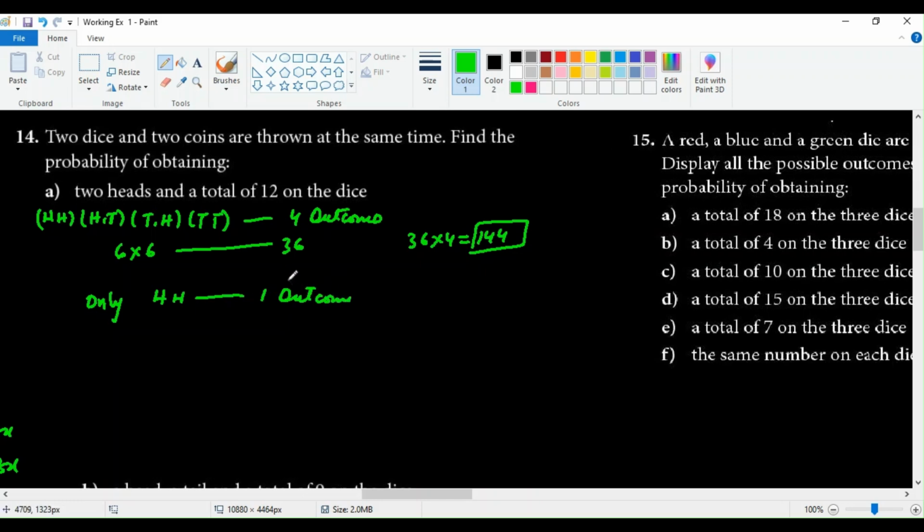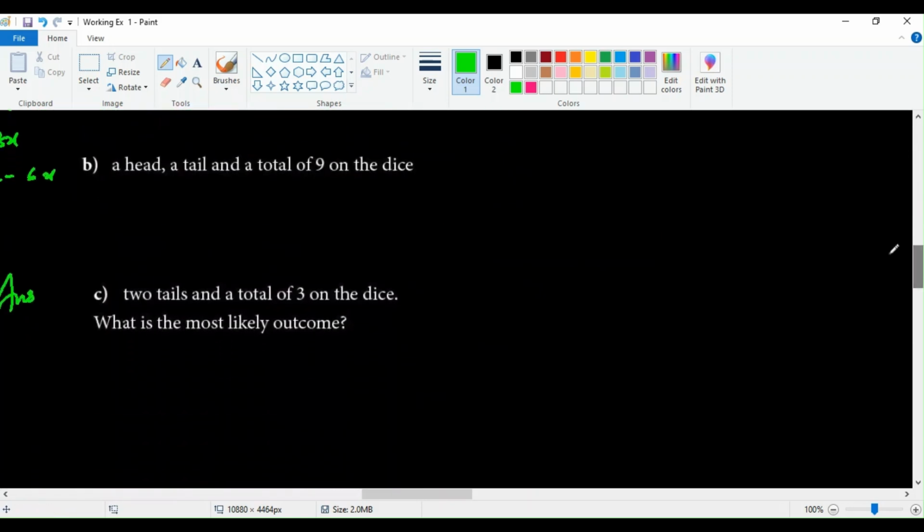And a total of 12 on the dice is also one outcome, since the only possibility is to have 6 and 6. So one outcome. So your final answer for part A is going to be 1 over 144.